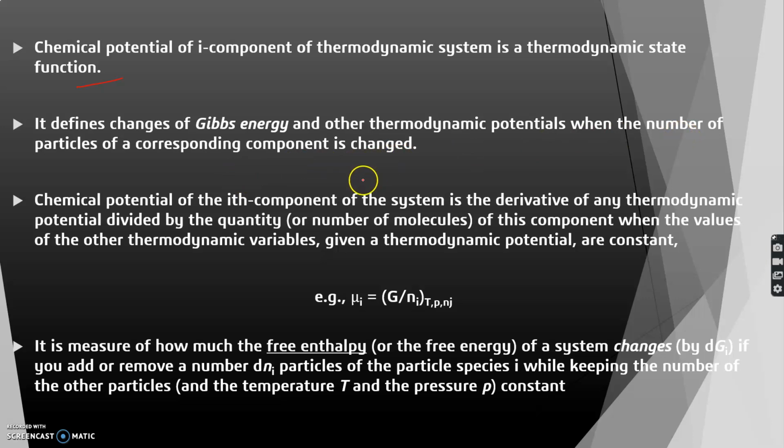Also, the ith component of the system has chemical potential, which is the derivative of any thermodynamic potential divided by the quantity. In other words, it is a measure of how much free energy or free enthalpy of a system changes if we add or remove dNi particles of the species i while keeping the other particles' concentration, temperature and pressure constant.